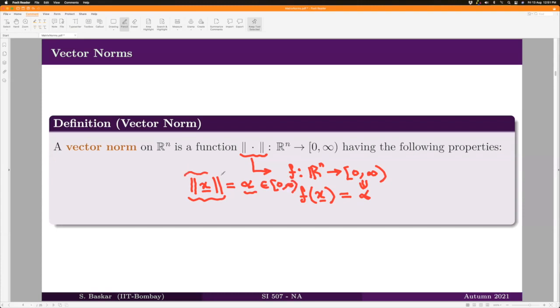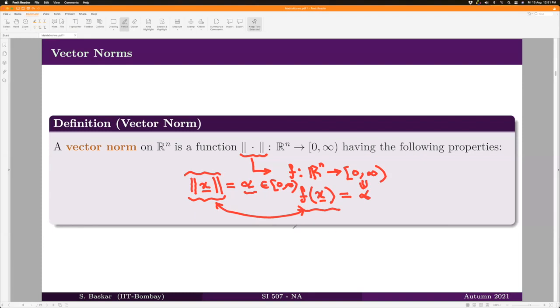So this is just a notation, just like this is a notation, this is also a notation. You should not get frightened with this. Of course, if you have done a real analysis course, you would have done it in the context of multivariable analysis.